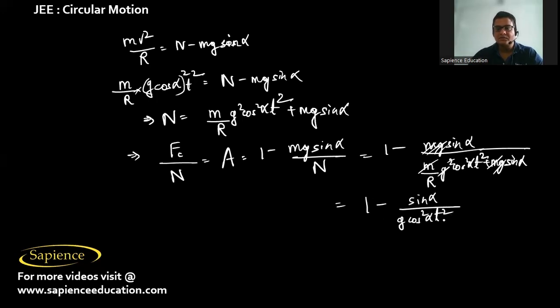by r plus sine alpha. So if we divide by sine alpha, then A value we will get 1 minus 1 by g by r cos square alpha by sine alpha. So this is cos alpha into cos alpha by sine alpha, that is cos alpha into cot alpha.